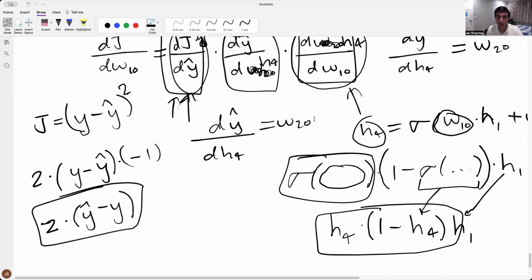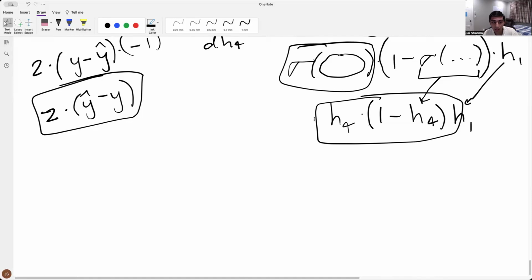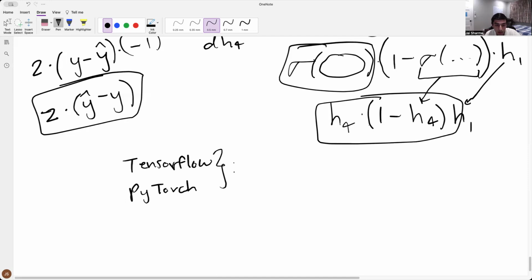And in packages like TensorFlow and PyTorch, these are Python packages, Python being the programming language. In Python, TensorFlow and PyTorch will have tools to get the derivatives automatically.